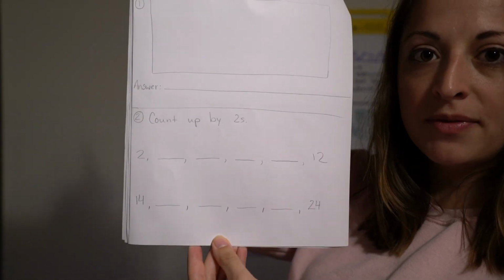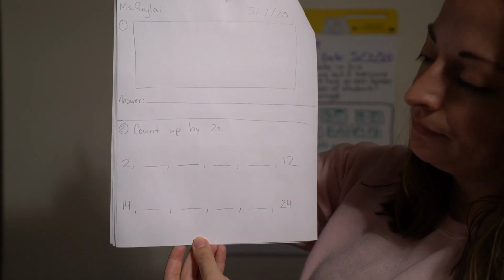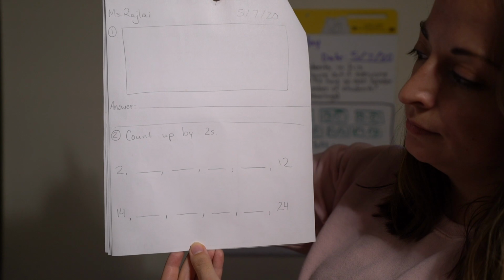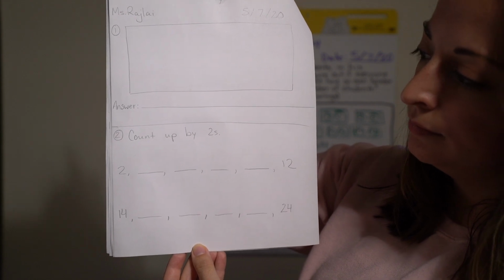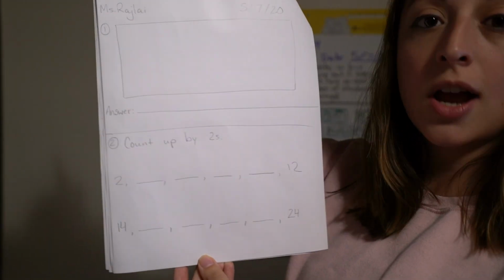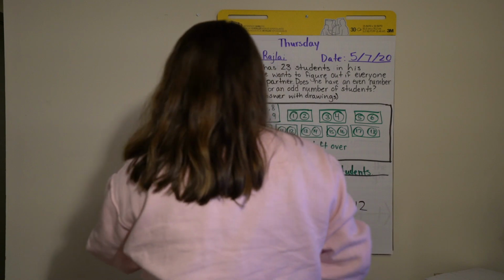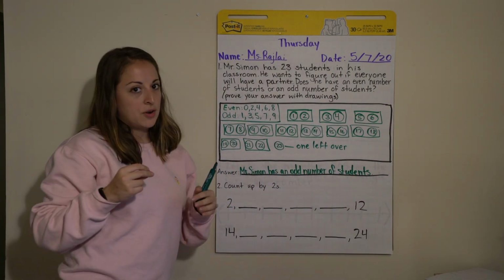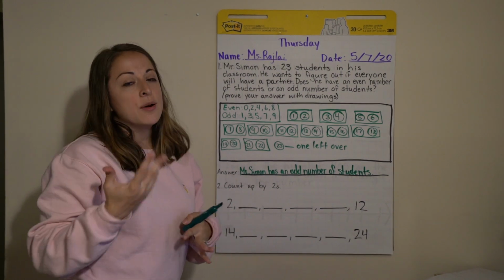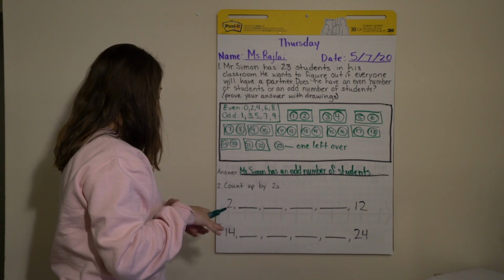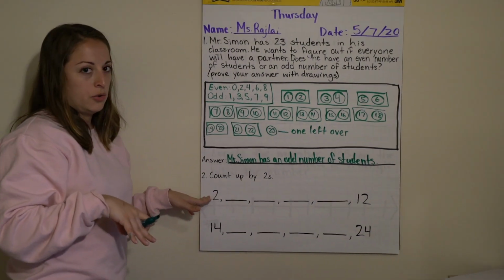So I'll leave this up for a second so you can write it. If you need a little extra time, you can check out the chart. Okay, so count up by twos. Now, if you don't know how to count up by twos quickly, I would say you can use your fingers. That's totally fine, okay? So I want you to do this first one on your own.